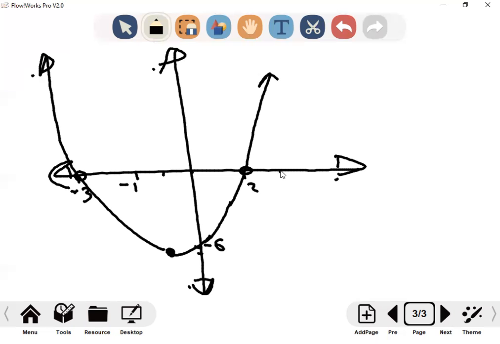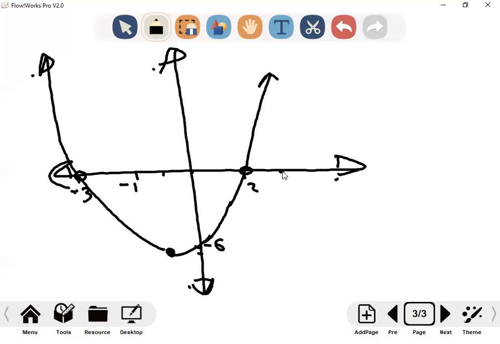If x is more than 2, is the function negative or positive? Positive. If x is more than 2, the function is positive, right? But if x is between 2 and -3, these values go down for the function, right? So the function is negative between -3 and 2.